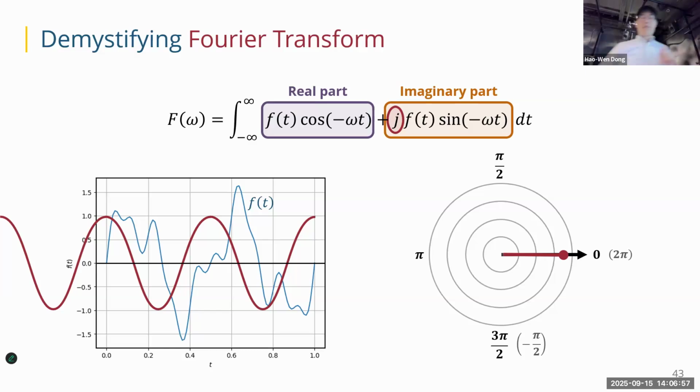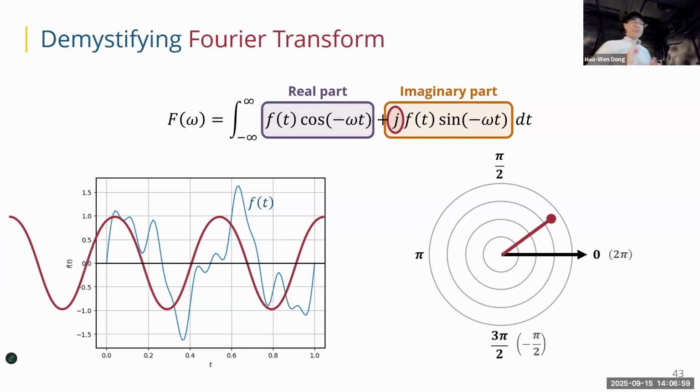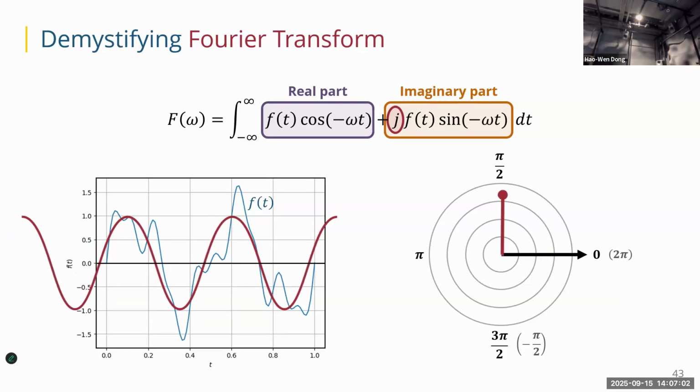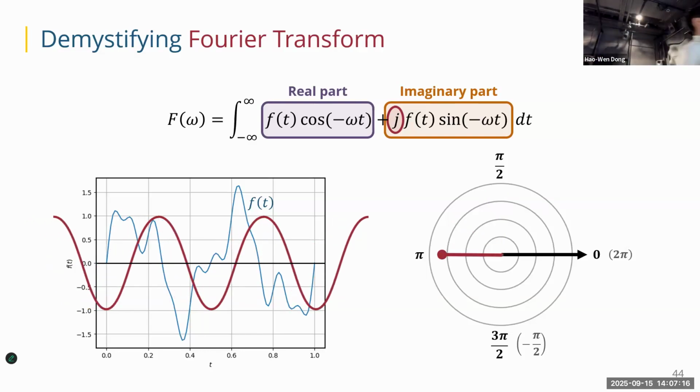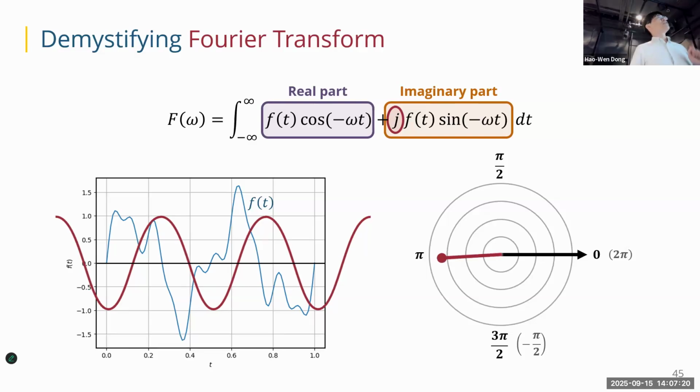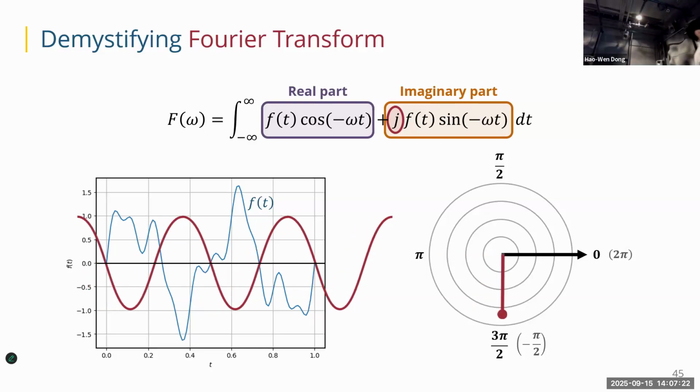Now you move it around, and it becomes no cosine anymore, just the sine. So now you have this shape. Then you keep moving it around, and this becomes the negative cosine. So now you flip the cosine. And then you keep moving toward that, so now it becomes the negative sine.